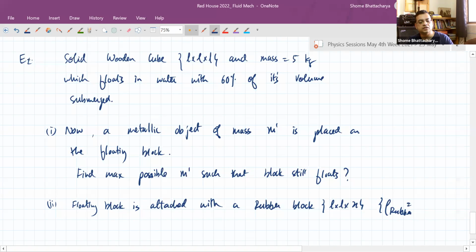So in this case, we are taking a type of rubber which has more density. It has a density of 4 gram per cc. Okay. Density of water, of course, we'll take as 1 gram per cc.